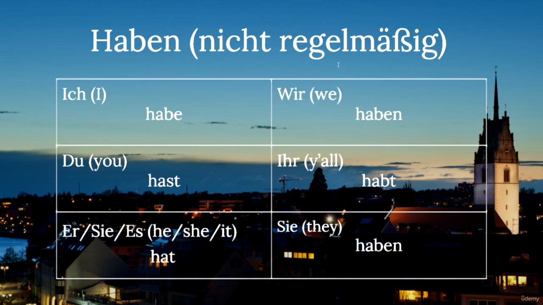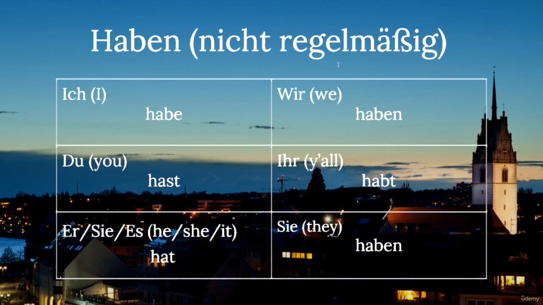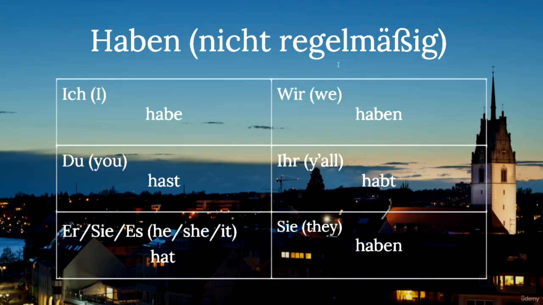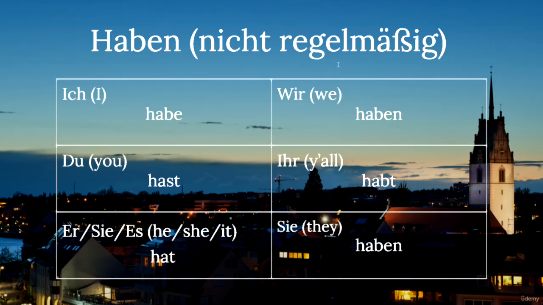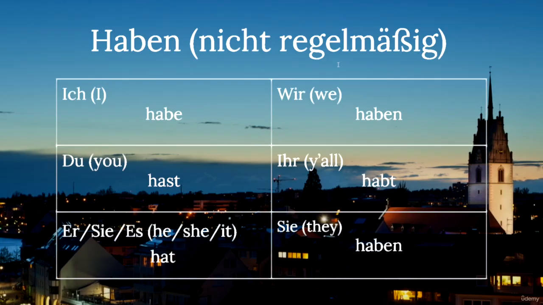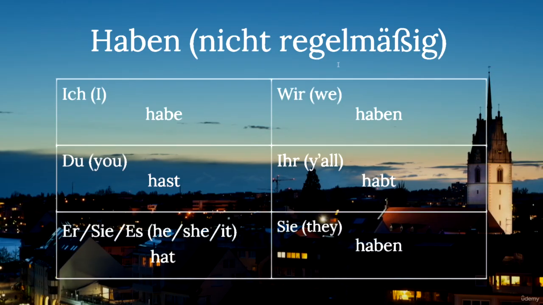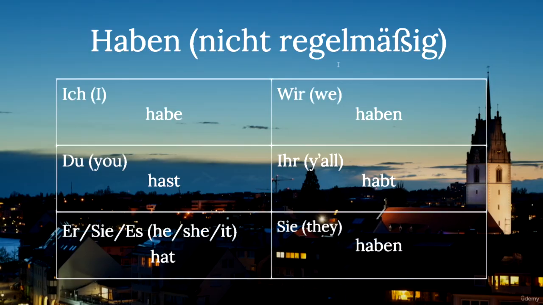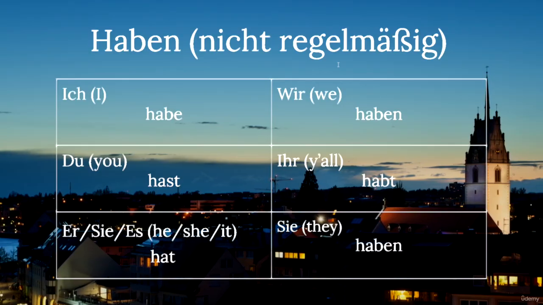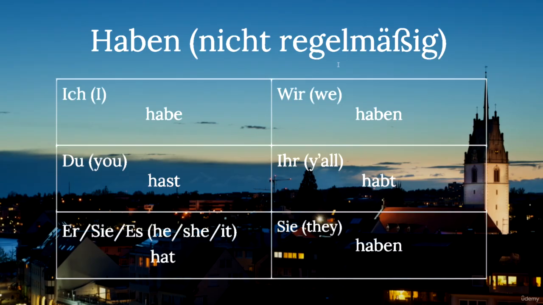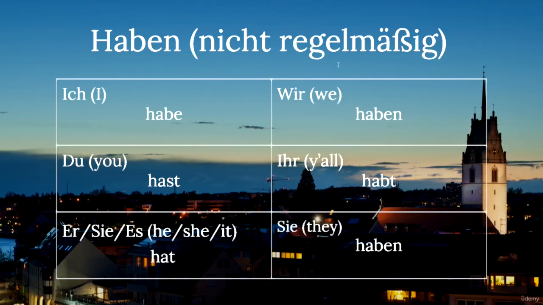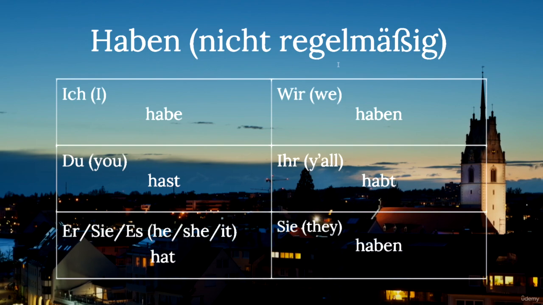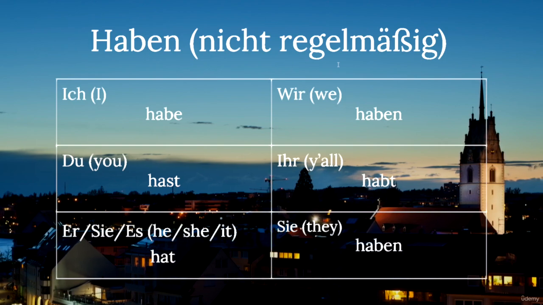The verb haben goes like this. Ich habe. Du hast. Er, sie, es hat. Wir haben.